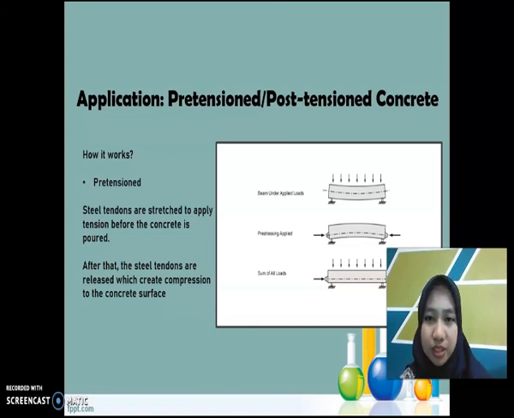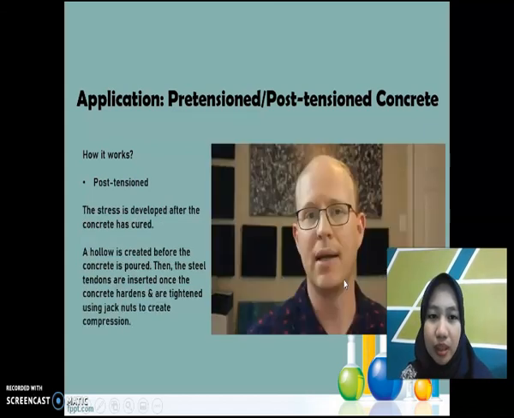So when we stretch the rods, there will be tension in the rods, and when we put in the concrete, the concrete surface will have compression. So when the load is applied above the concrete, it will balance.